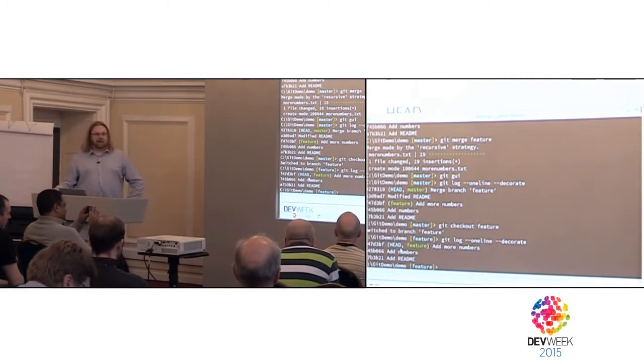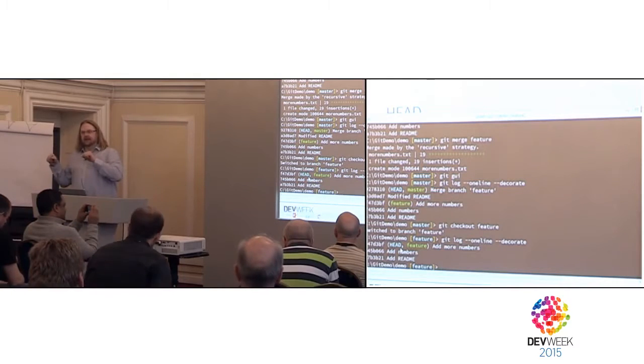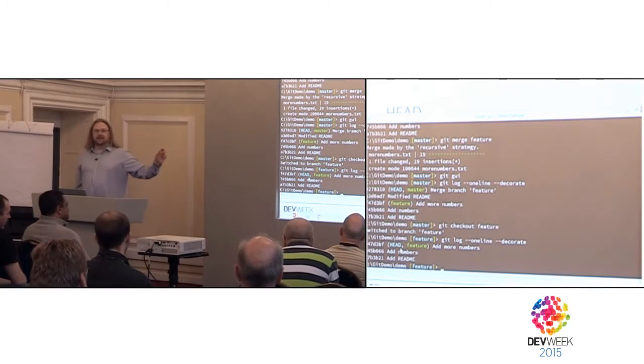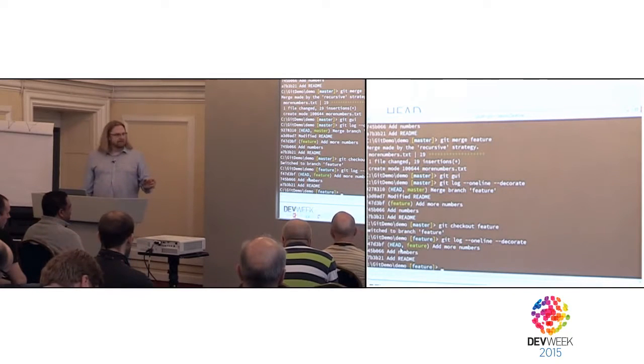Now you can have as many heads as you like, because the heads are simply the tops of the branches. So you can have as many branches as you like, so you can have as many heads as you like. But HEAD, in all caps, is the reference to your current position within the tree. Okay? And that's all it means.